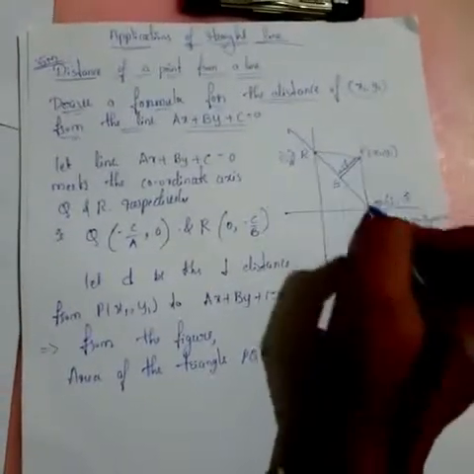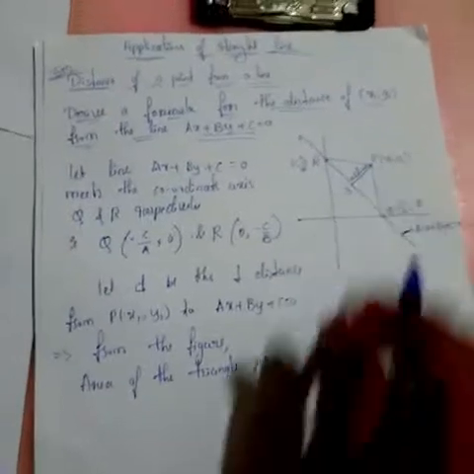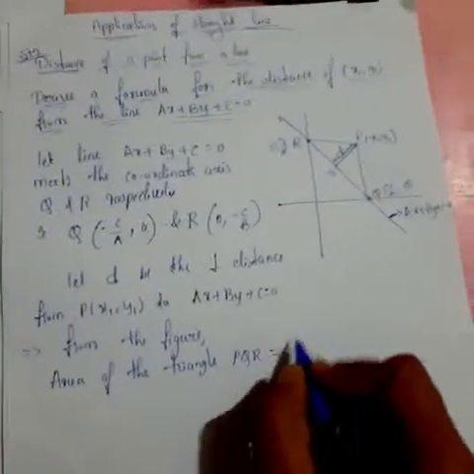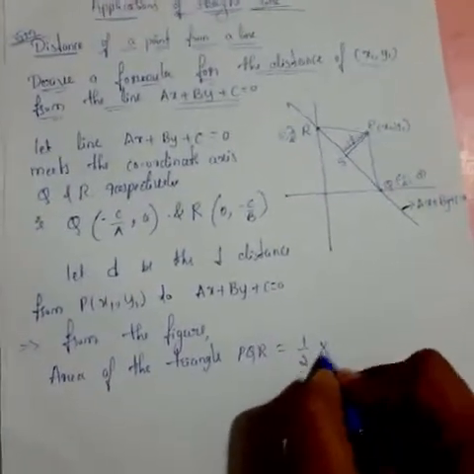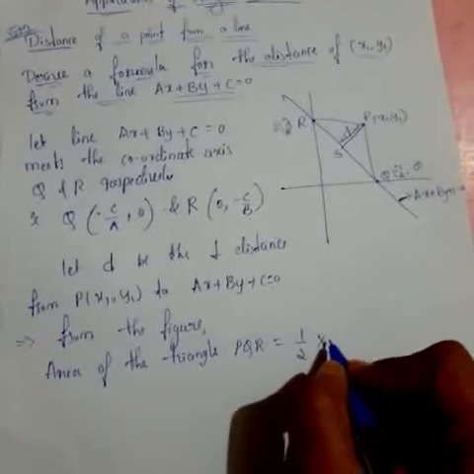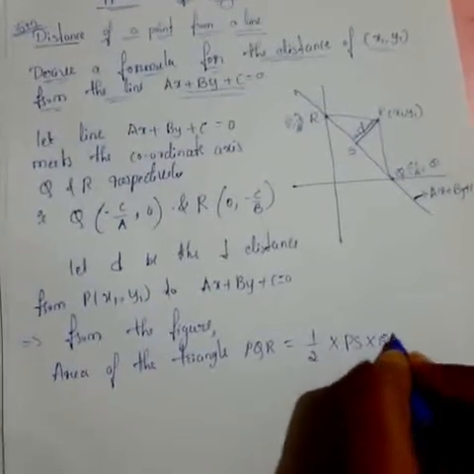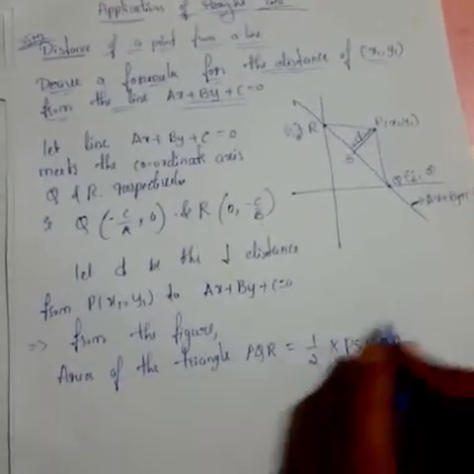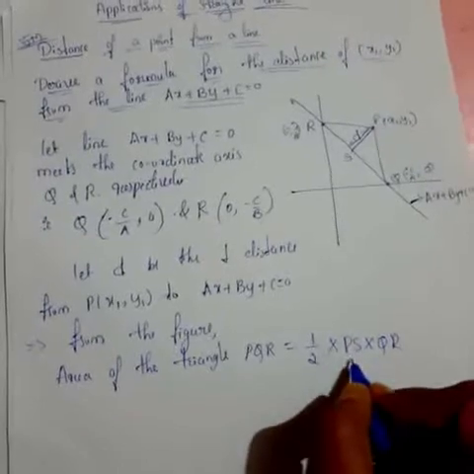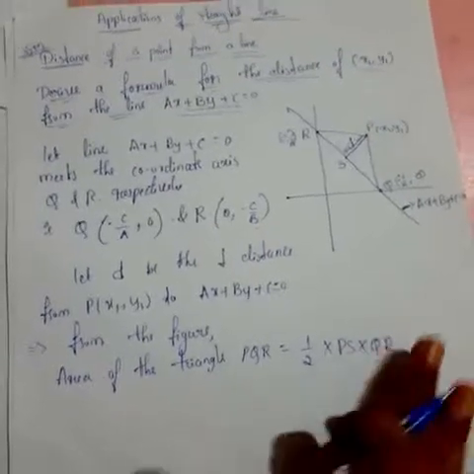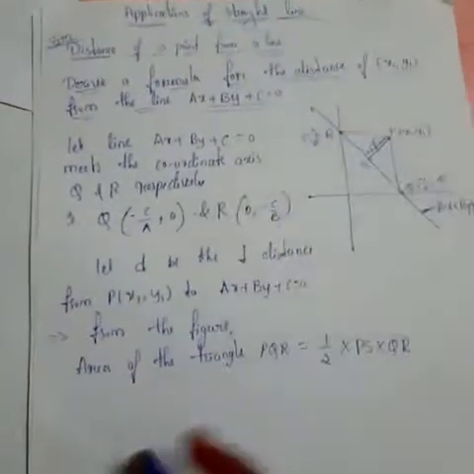first we have to find this area of PQR. You all know that the area of PQR is nothing but half into d into h. Here h is nothing but PS, PS into QR. Using this formula we have to find PS. PS is d, the perpendicular distance from the point to the line.